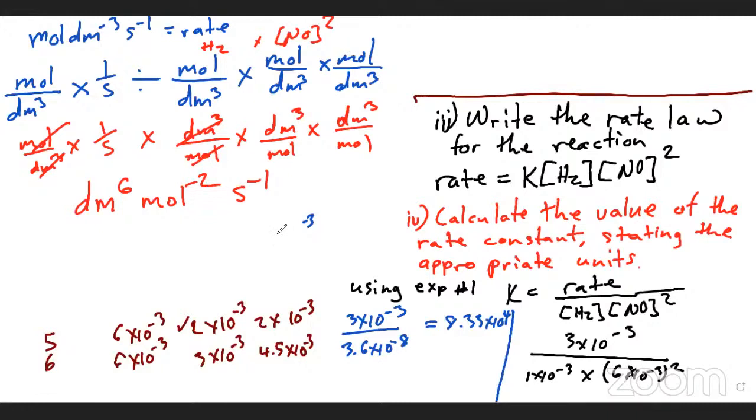All right, so that is how it would be done. You add them, don't times it. So that is how you would calculate the unit of the rate constant.